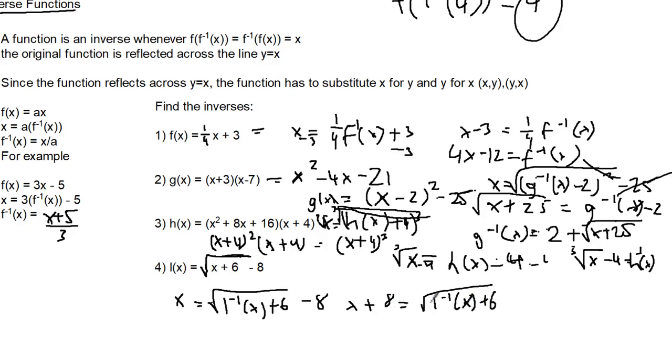Square both sides, and then subtract 6. Simple. Now we have L inverse of x is equal to x plus 8 squared minus 6.